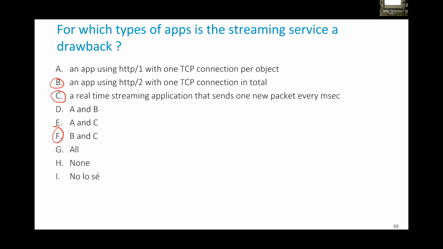If you're busy downloading the logo, or worse, a music that is completely useless but is still present, and the music file is not yet downloaded, then you cannot send the request for the next object. So that delays dramatically the transfer time. This is why HTTP2 has implemented a number of mechanisms for what is called multiplexing, allowing to send fractions of an object to allow to still go on.